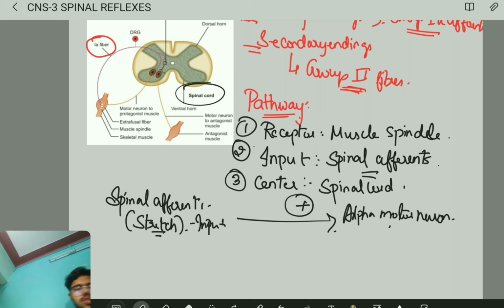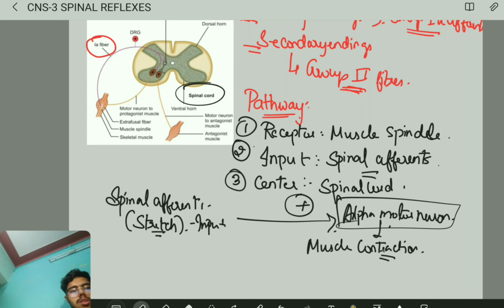Because of this stimulation, it is going to cause a response. What is the response? Muscle contraction. It is going to cause muscle contraction because of the stimulation of the alpha motor neuron. Understand? Okay.